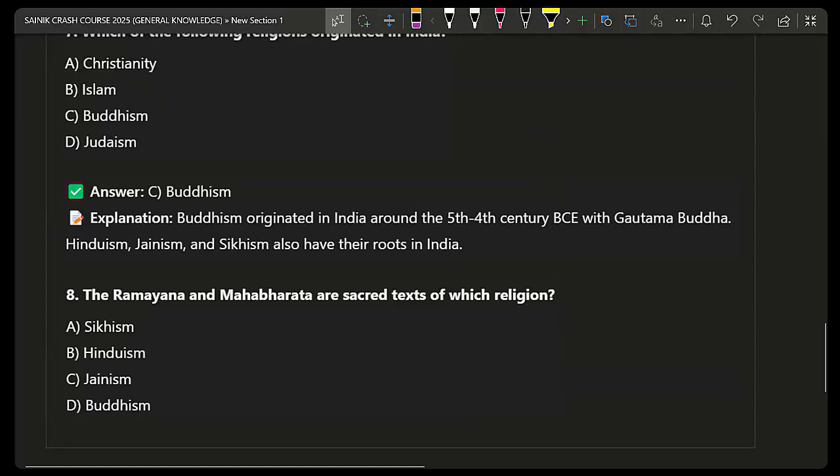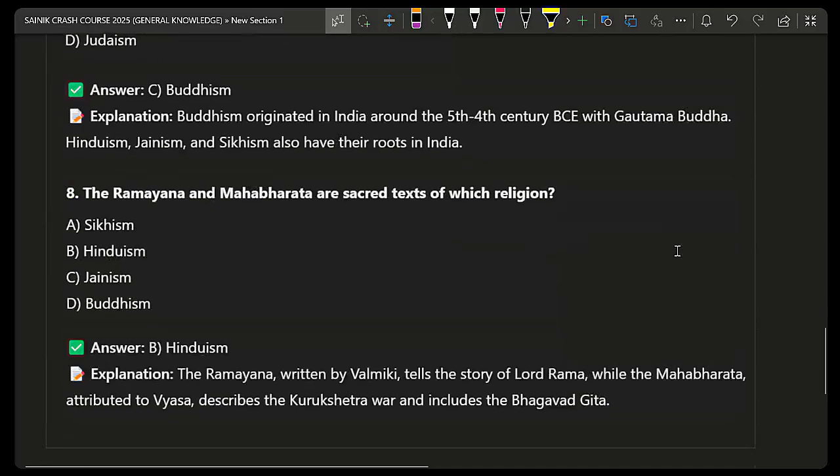One student said Sikhism, wrong answer, and everybody else gave the correct answer, that is Hinduism, option B. The Ramayana, written by Valmiki, tells the story of Lord Rama, while the Mahabharata, attributed to Vyasa, describes the Kurukshetra war and includes the Bhagavad Gita. Next question.